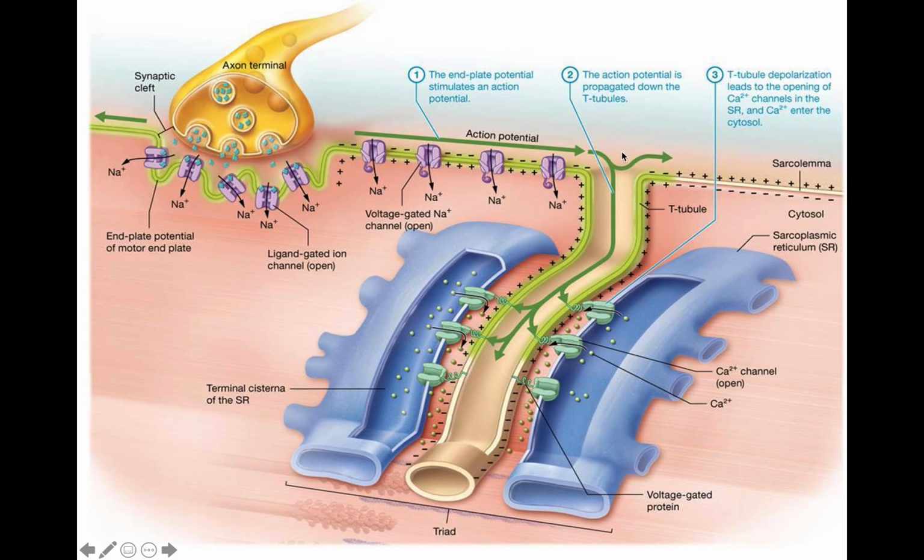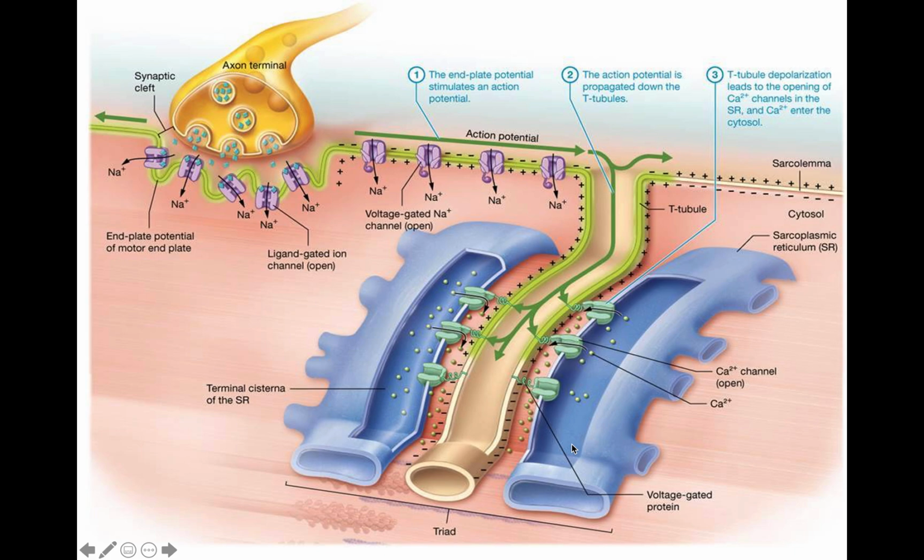So when the action potential travels down the T-tubules, or the transverse tubules, what's right next to the T-tubules? What sandwiches them? These enlarged regions of the sarcoplasmic reticulum called terminal cisternae. What does the sarcoplasmic reticulum do?